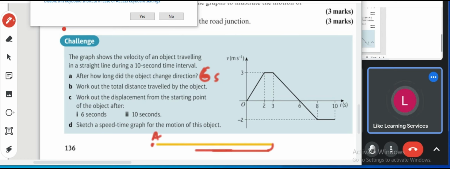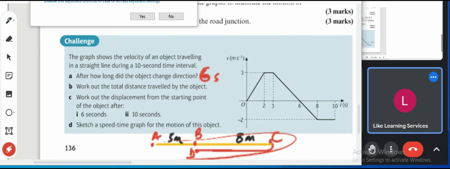So this is A, this point is B, this point is C, this point is D. Assuming A to B is 5 meters, B to C is 8 meters. What's the distance traveled from A to D, assuming there was an instantaneous change here which didn't count for anything?